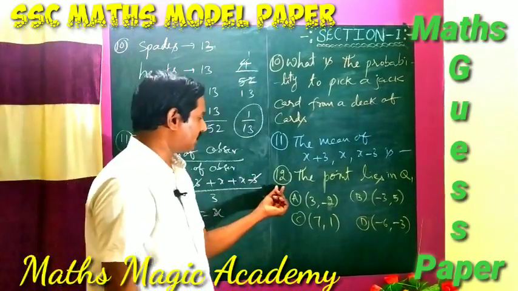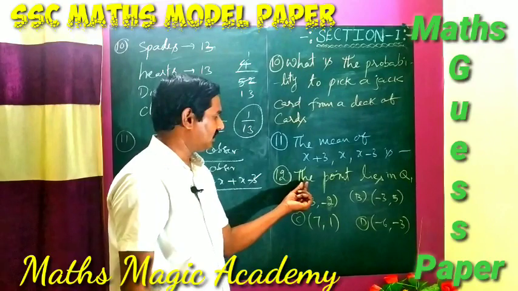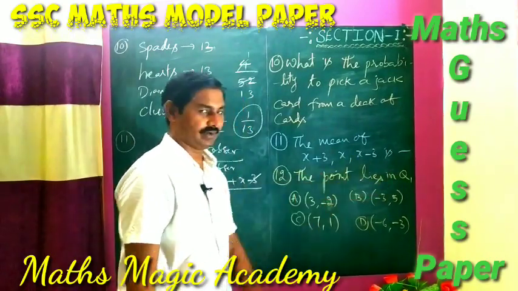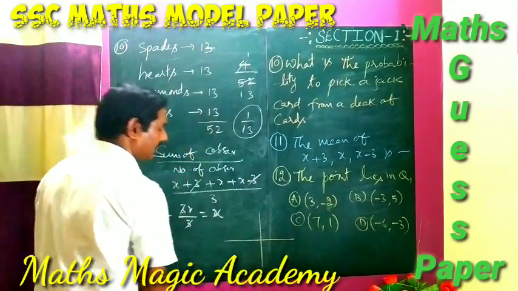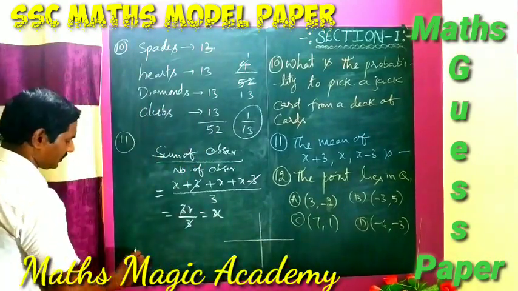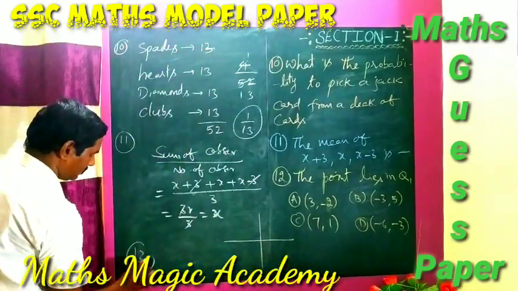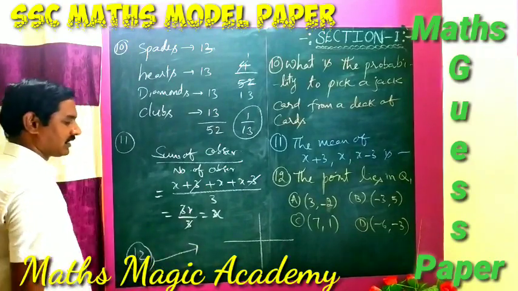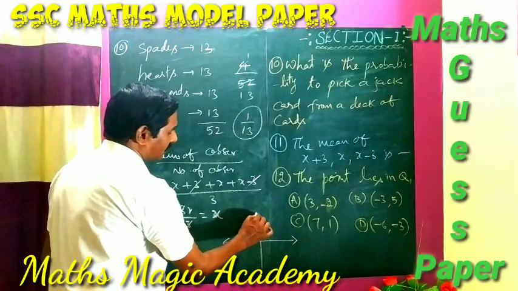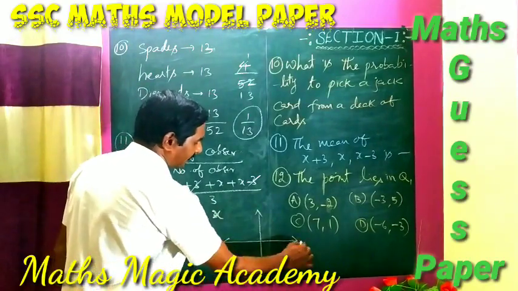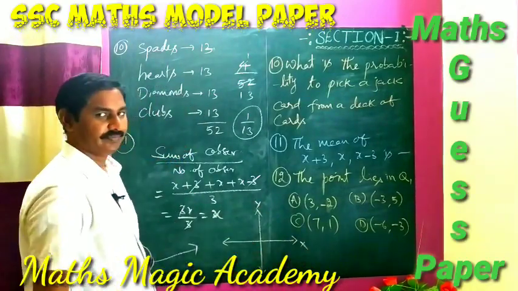And the 12th question, it is a very simple question. The point lies in Q1. So suppose you think of a coordinate axis, x, y.